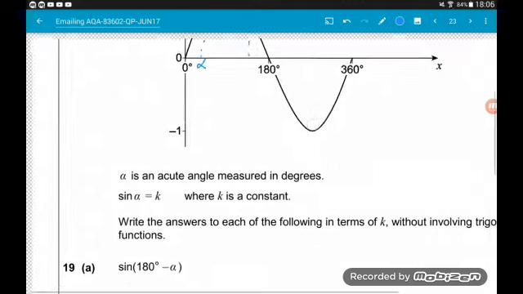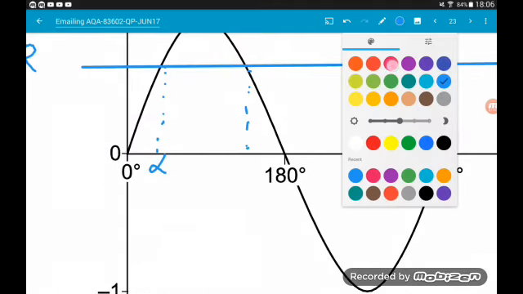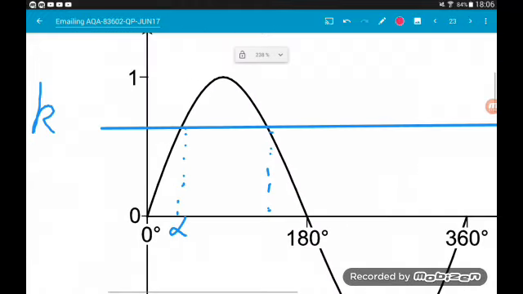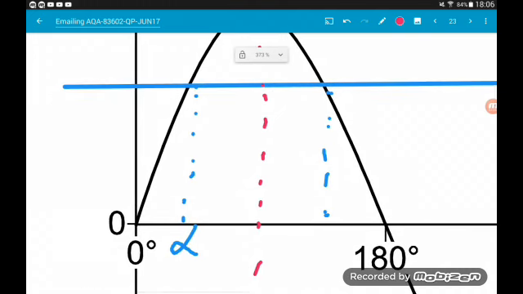So let's go back to our graph here. So remember, the trig graphs are symmetrical down the middle. That's going to help us. Now, alpha is alpha degrees in from 0.